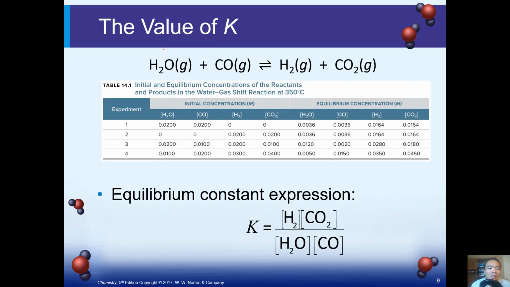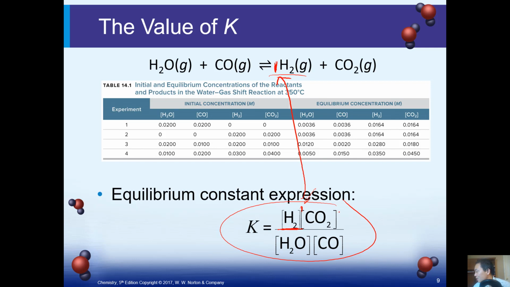For example, in the same reaction we just studied, the equilibrium constant expression will be seen as over here. The concentration of the products raised to the power of 1, which is not written, corresponds to the 1 as you see over here. If it's a 2 in the chemical reaction, this power would be raised to the same power.